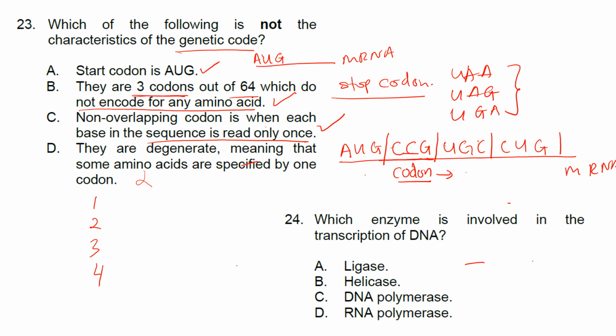If you refer to your slide notes, slide 11 gives you a codon table of mRNA. For example, the amino acid valine is coded by 4 codons, which are GUU, GUC, GUA, GUG. So statement D is incorrect. There are amino acids that are coded by 1, 2, 3, or 4 codons.